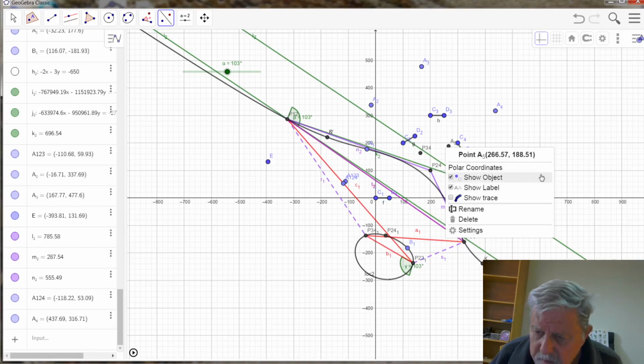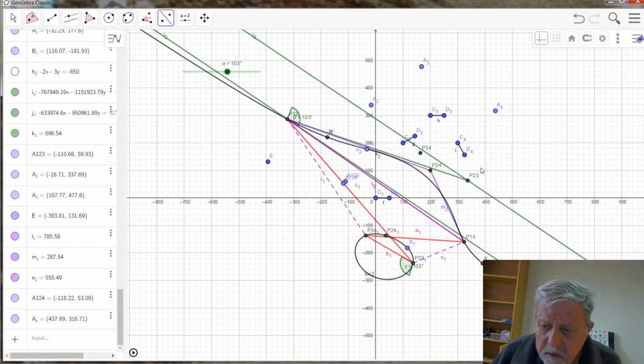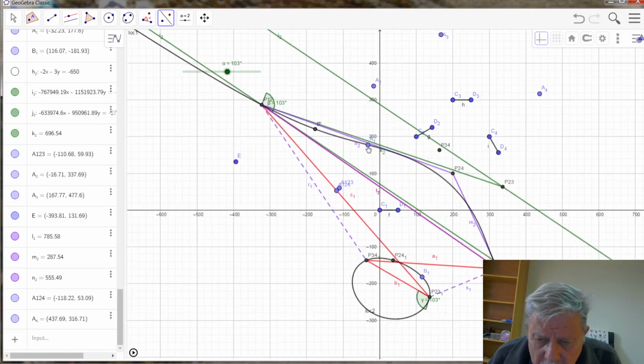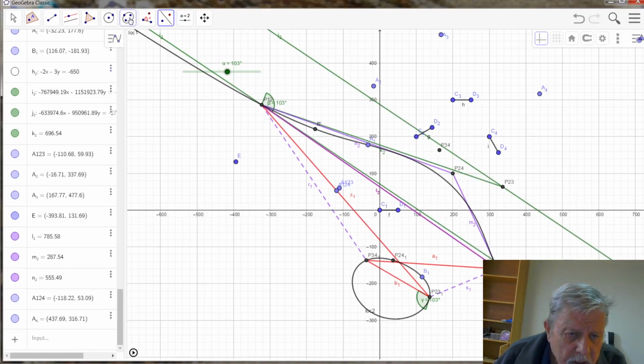Okay, I'll hide it. I think these points are in my construction of the circle point curve, okay? Now I claim A1, A2, A3, A4 lie on a circle. Let us see that.